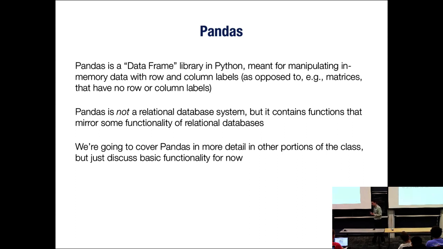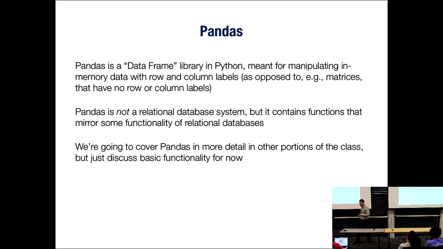Pandas is a wonderful tool, but in some sense you can think about it as kind of like a wrapper for matrices that lets matrices have names for their rows and their columns, or kind of like indices for their rows and their columns. So it's not actually a relational database or even a database system. For example, it doesn't really have primary keys, which is a big clue that it's not actually a relational data system.